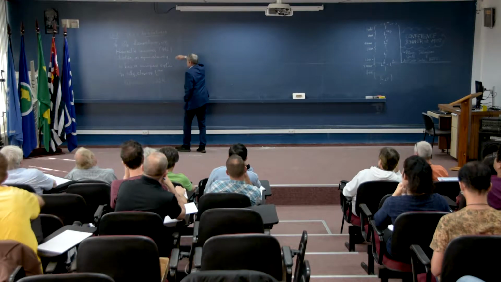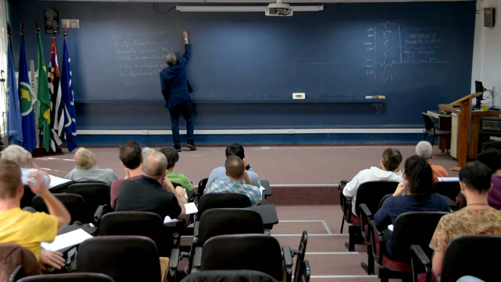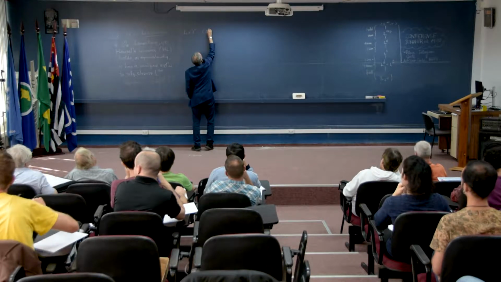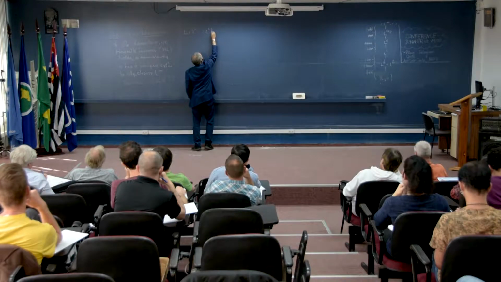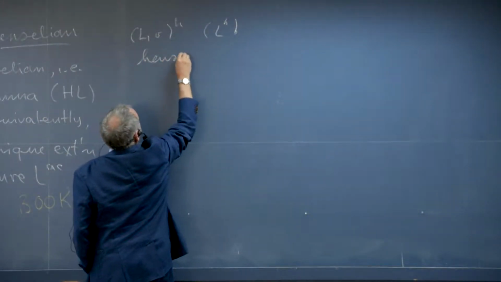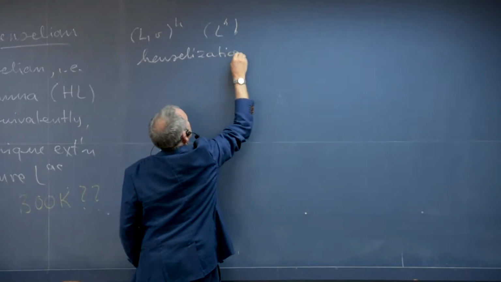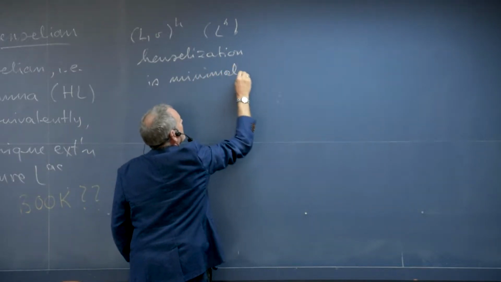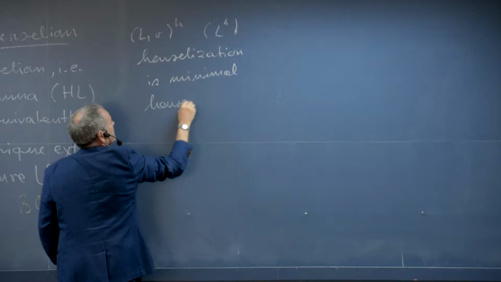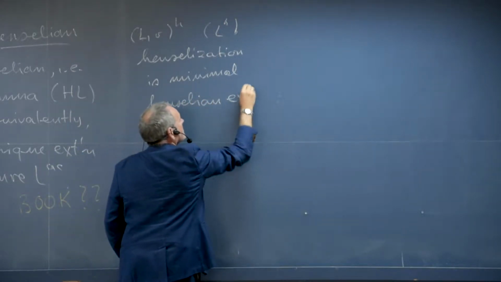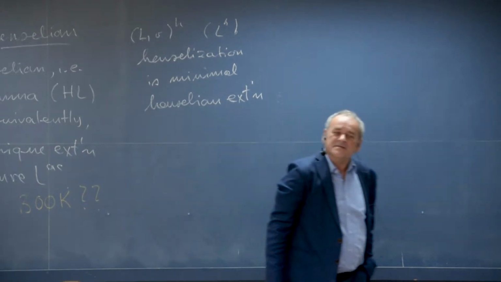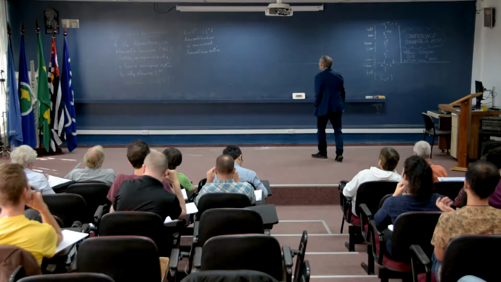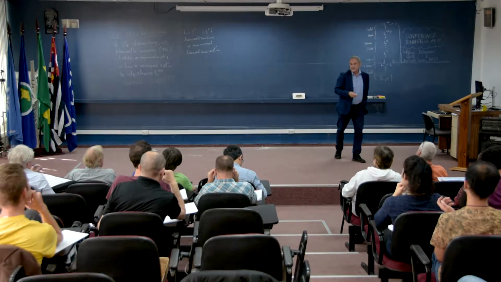Oh, okay, I should also say the Henselization, which I will write like this, or just L to the H, as I did over there, is the minimal, or a minimal Henselian extension, in the sense that it embeds into every other Henselian extension of L. I mean, a valuation preserving embedding. Okay.